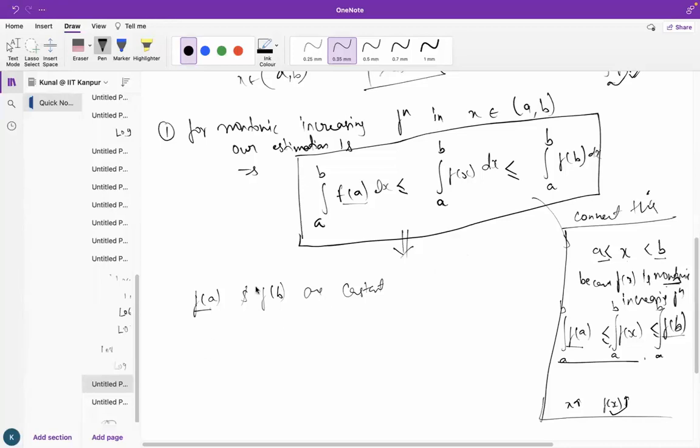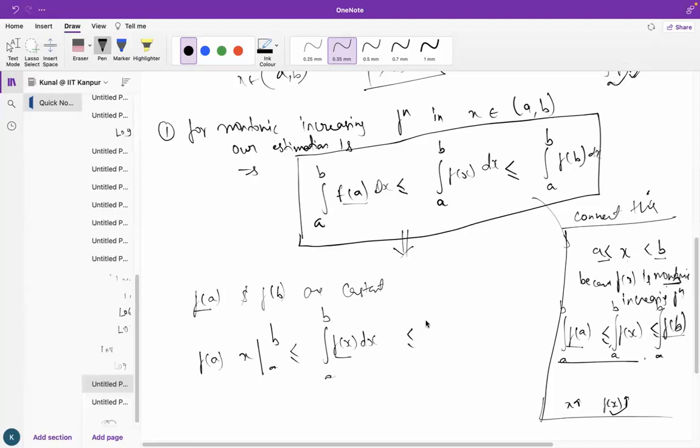So when we integrate this, what do we get? We get f of A times x from A to B, greater than or equal to the integral of f of x dx from A to B, because we don't know the function, so we can't integrate it.